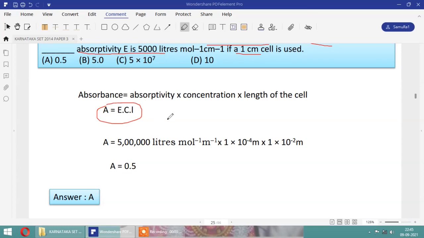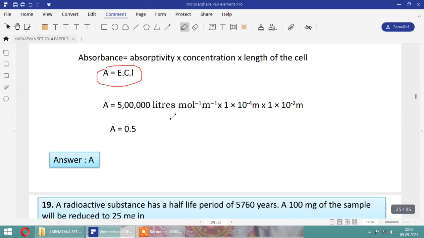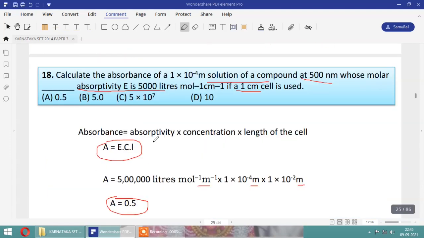Now you convert the values into molar, moles, and finally you calculate. It's a direct calculation which gives absorbance equal to 0.5. So option A was correct.